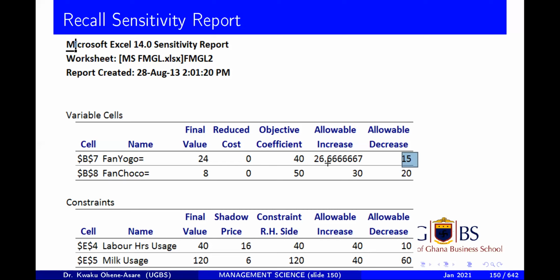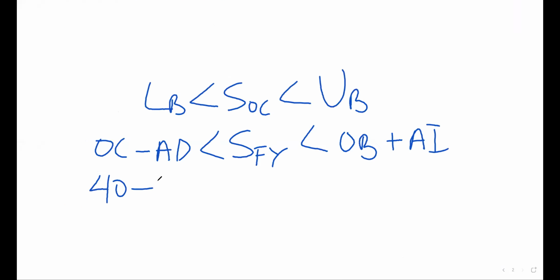So what you are going to do now is 40 minus 15, less than, sometimes you use less than or equal to depending on how you want it to be.